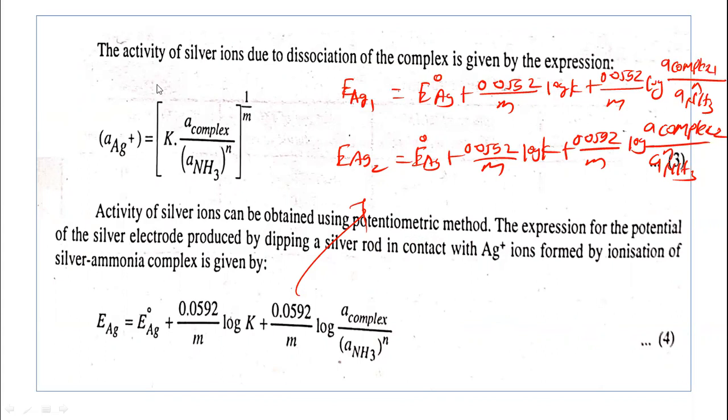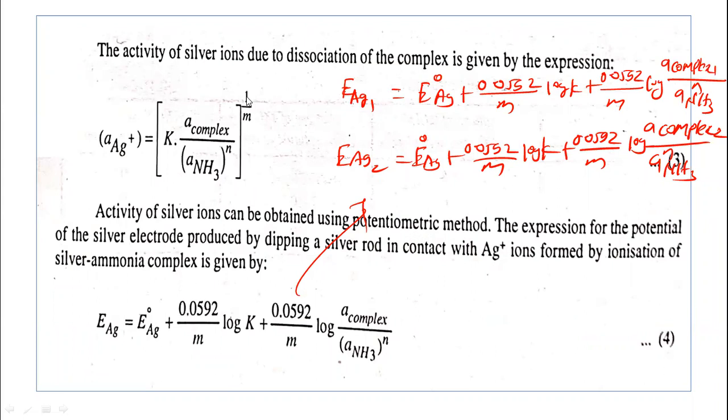With the help of this equation, we can find the activity of the silver ions. Here K is the instability constant, multiplied by the activity of the silver ammonia complex, divided by the activity of the ammonia molecule, that is the ligand, raised to power n, and all of this is raised to 1/m.